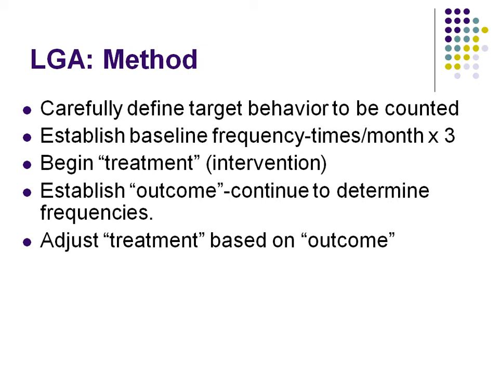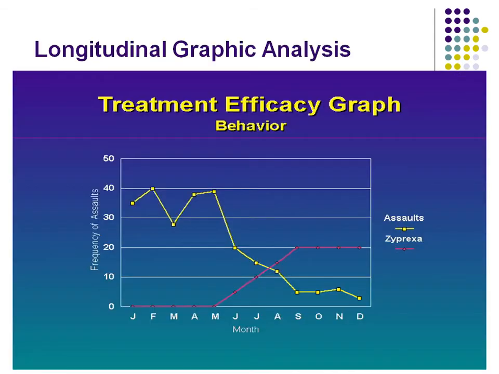First, to carefully define the target behavior to be counted. Secondly, to establish the baseline frequency. Try to get at least 3 months worth of frequency data. Then you begin the treatment or intervention. Next, you establish the outcomes, and you continue to determine the frequencies and adjust the treatment based on the outcome.